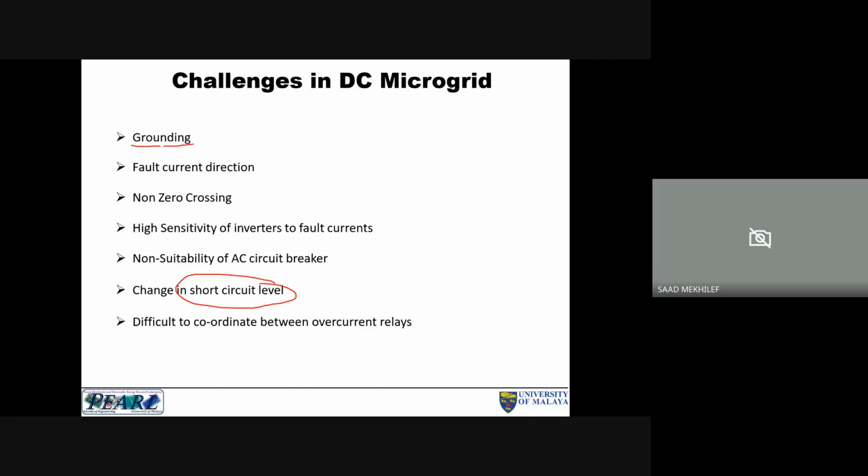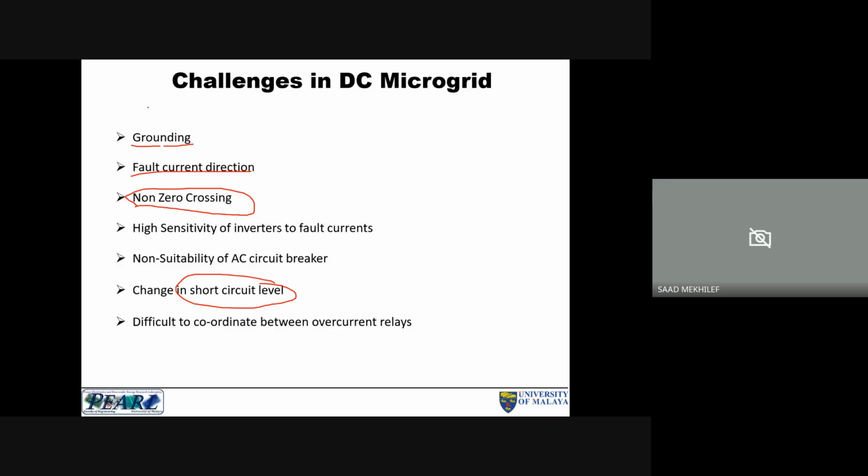Fault current direction is another, because here it's DC, and that makes a lot of difference compared to AC. We have no zero crossing because it's DC, so detection becomes a challenge. Also, there is a high sensitivity of inverters to fault current.